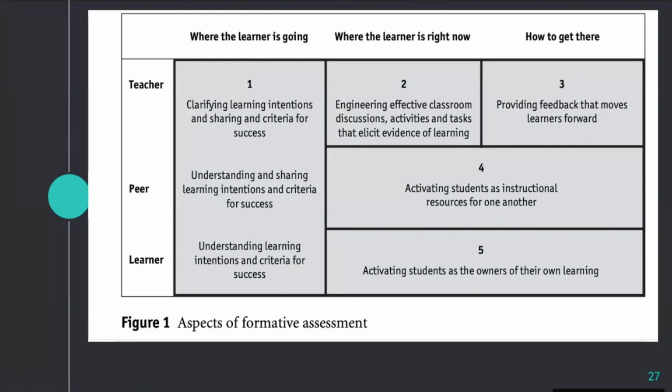So your objective throughout the learning and teaching process is to help your students progress as much as possible. Again, these are aspects that are key to implementing AFL. So you need to know where the learners should go, where they are, and you also need to tell them how you are going to help them to get there, or how they are going to help themselves get to that point.